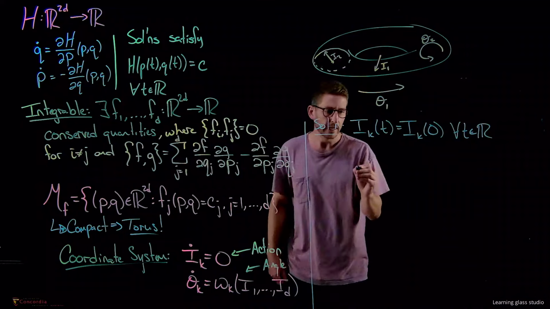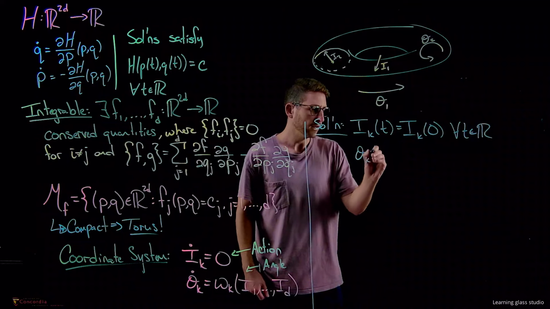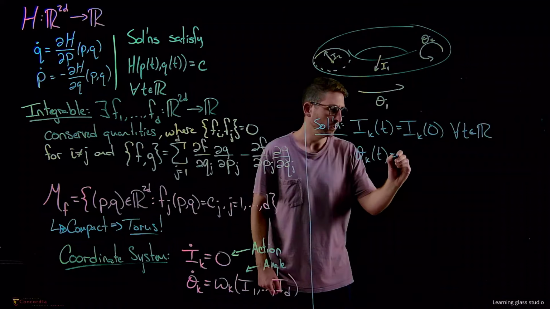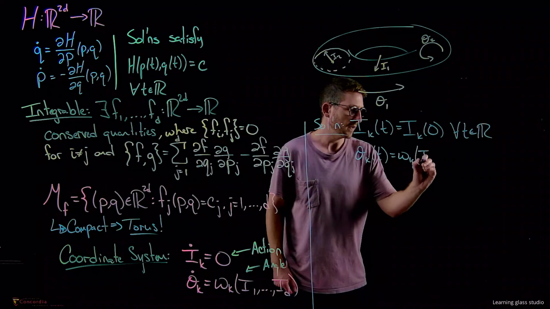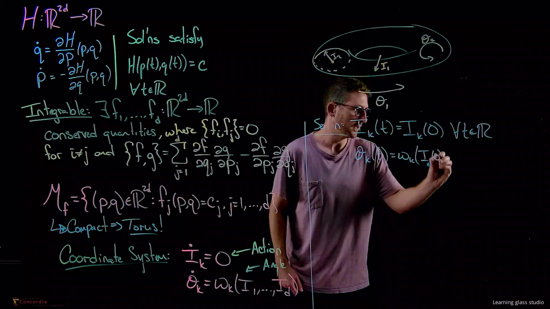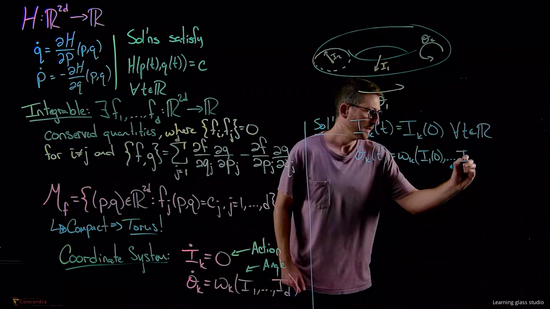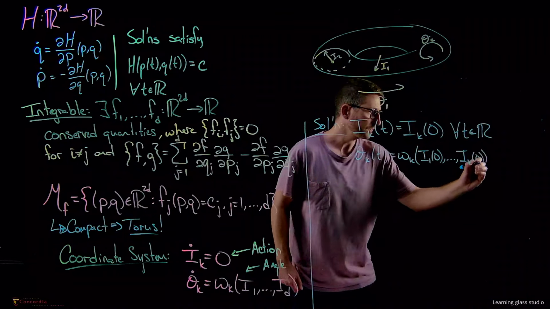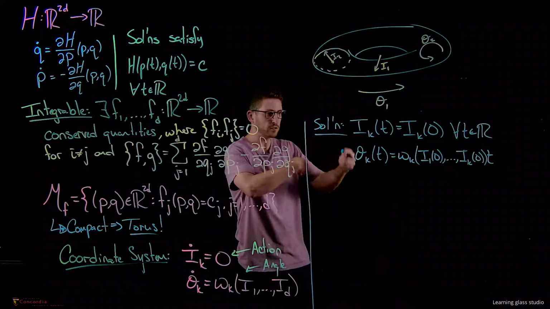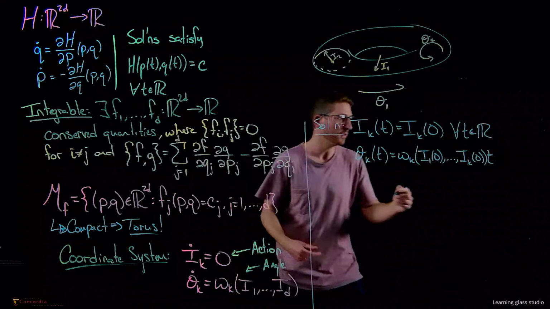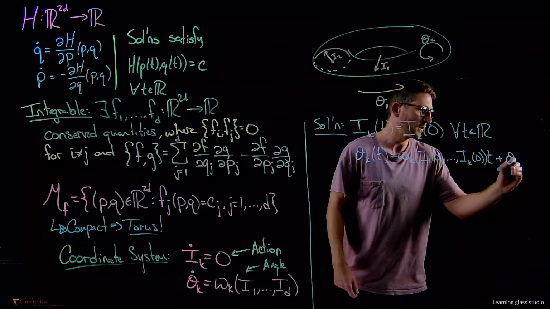It's a constant. And theta_k of t is equal to omega_k, the frequency, which depends on whatever the I_k of 0 were initialized as, times t. So it's just the usual movement around the circle, constant angular velocity, plus whatever the initial condition was as well.